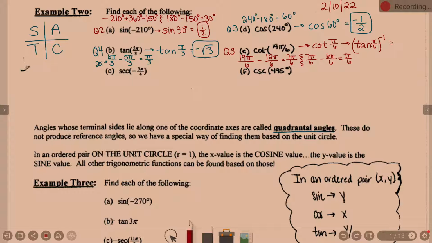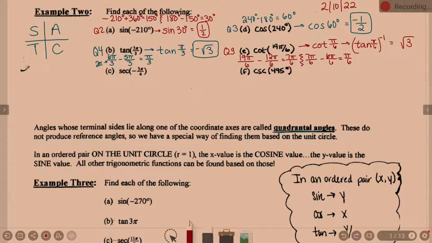So which way do I want to ask this? What is the tangent of pi over 6? The square root of 3 over 3. So then the reciprocal of that is 3 over square root of 3, but the better form of that is just square root of 3.